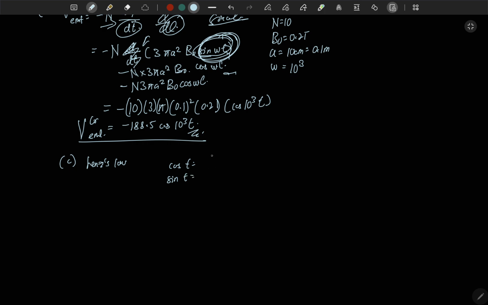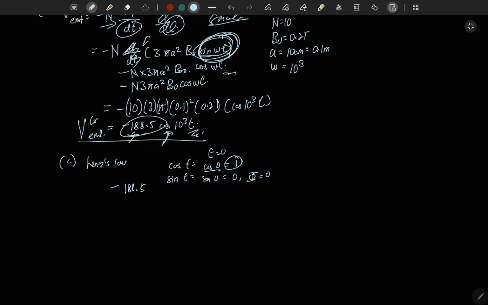If t is 0, cos 0 is equivalent to 1, sin 0 is equivalent to 0. So the initial magnetic flux was equivalent to 0. Eventually it was nothing, it became this. So at t equals 0, cos 0 is 1, so you just times it by 1, you will get negative 188.5 back.